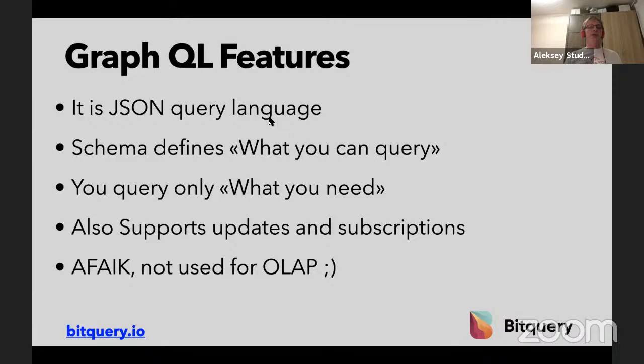So it's not about graphs. It's more about how to query data for a browser. It's a JSON query language. If you need to query JSON, GraphQL is probably the best way to do that. It has a schema. The schema defines what you can query, and it is very good.